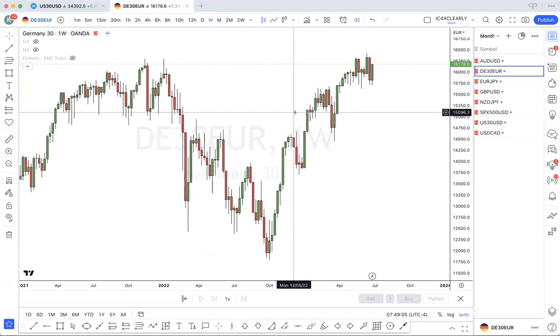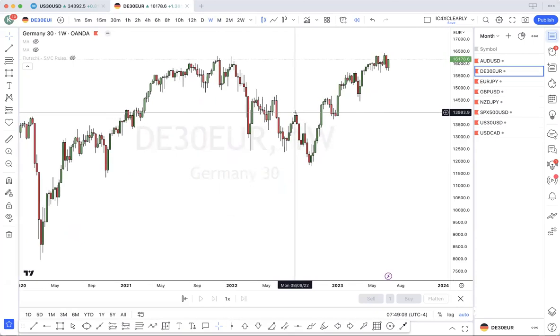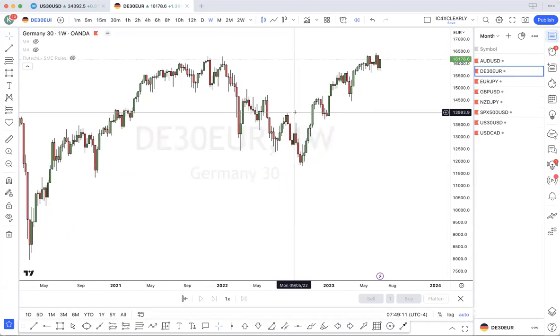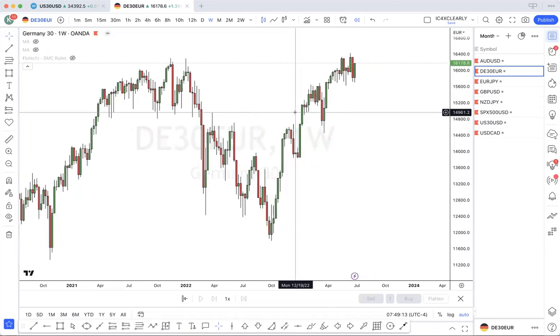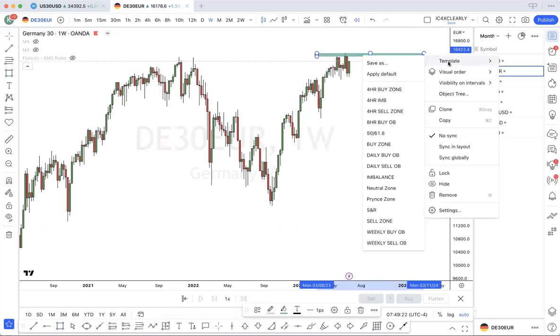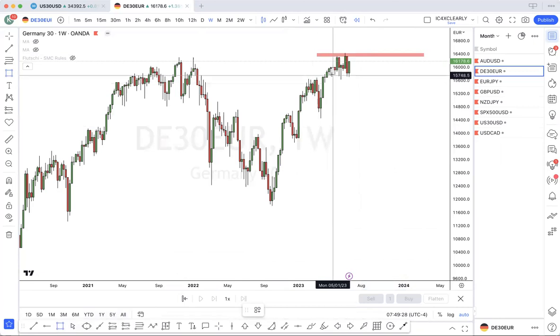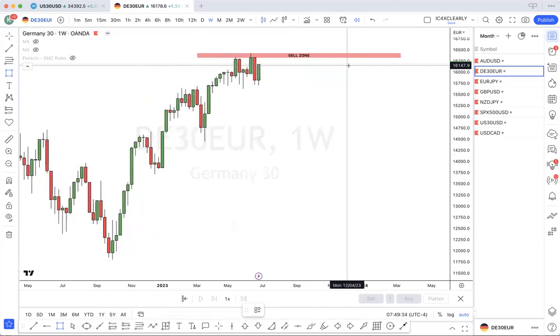Okay, the weekly is giving bearish. So this is our sell zone. And now this bullish order block was violated.